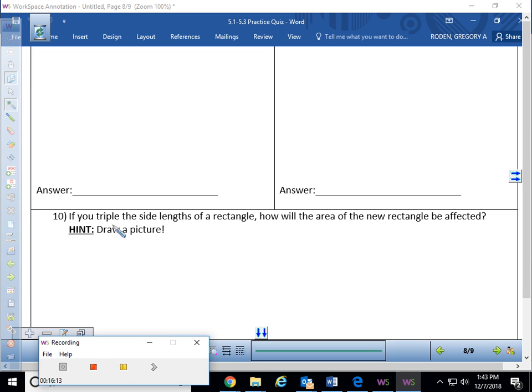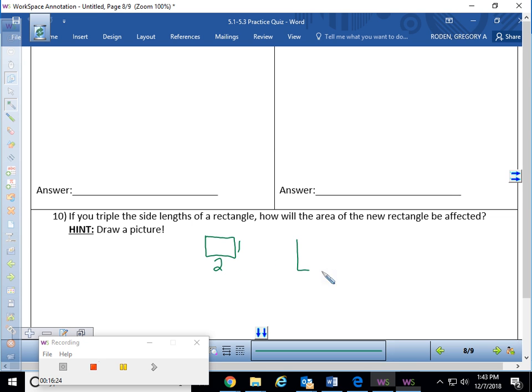All right. If you triple the side lengths of a rectangle, how will the area of the new rectangle be affected? Well, let's do it. Let's say we have a rectangle, and we're going to make it a really easy rectangle. We're going to make it a 2 by 1 rectangle, and we want to triple the sides.